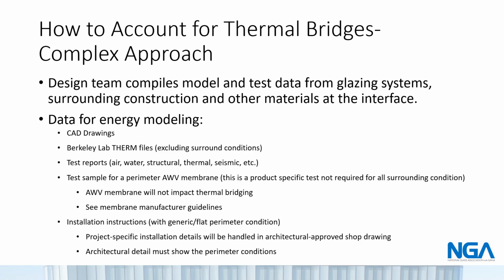Fenestration suppliers may provide standard industry modeling, Lawrence Berkeley National Labs Therm program, for example, and or test reports the design team can use to prepare overall energy models. Shown on this slide is a partial list of data that may be used to develop the energy model. Availability may vary by manufacturer or supplier.